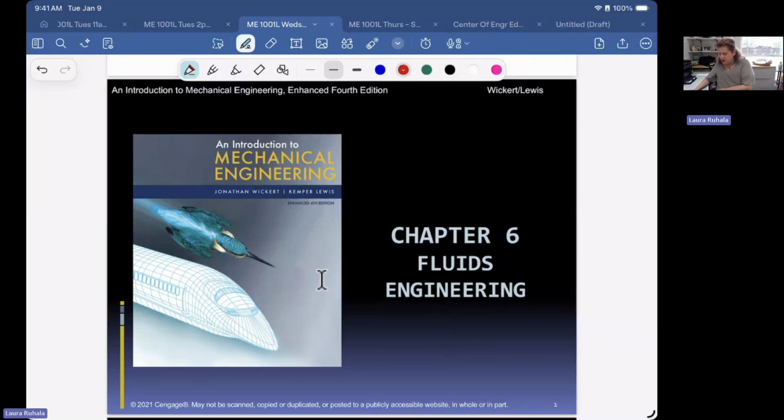All right, so we are talking about Chapter 6, Fluids Engineering. As I think that video described, there's a lot of aerodynamics, biomedical, piping systems. He didn't get into microfluidics, which is really popular in biomedical engineering.